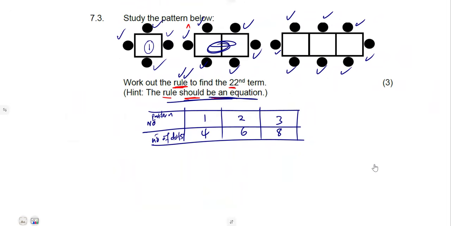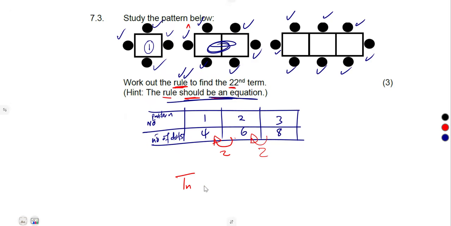So the question is, what type of number pattern were we given there? Are we having a common difference or what? How is it presented in terms of the terms that we are given? If we consider, there is a difference of 2 here. 6 minus 4, that's 2. 8 minus 6, that's a difference of 2, meaning to say we are talking about a linear pattern.